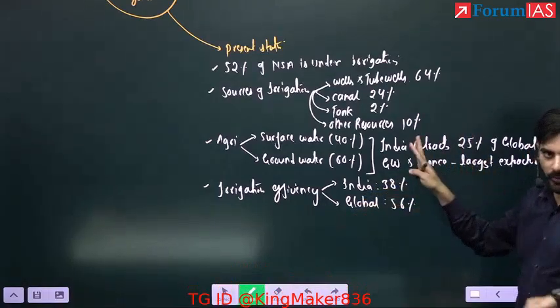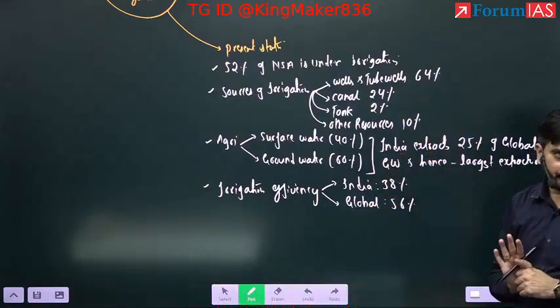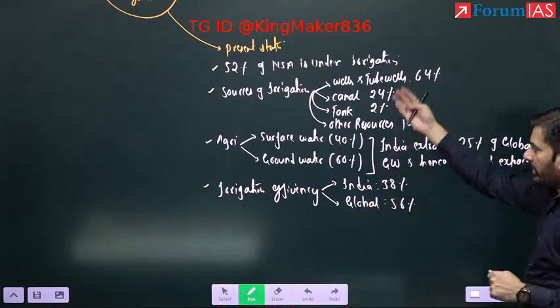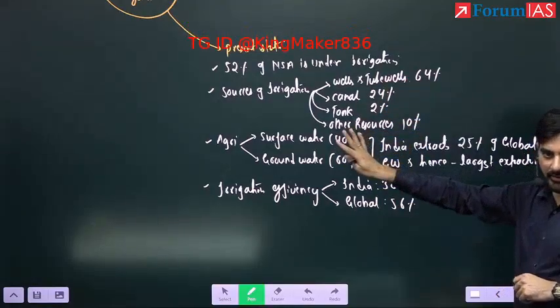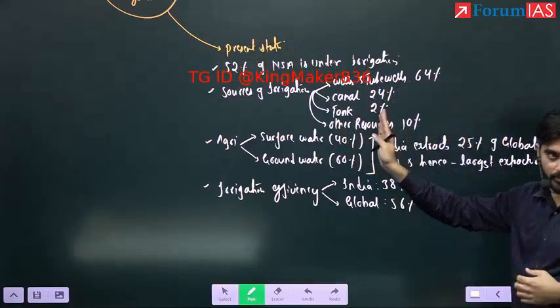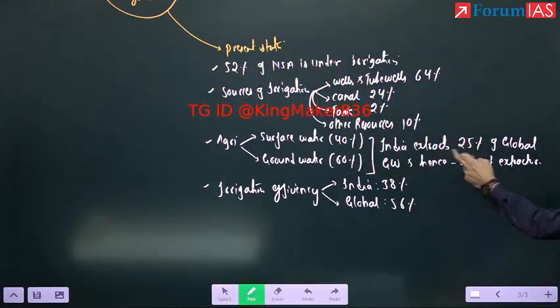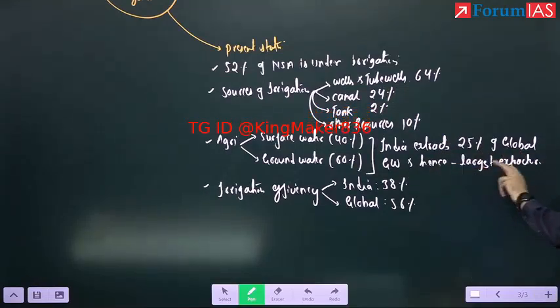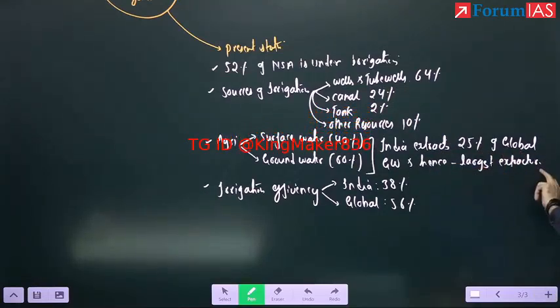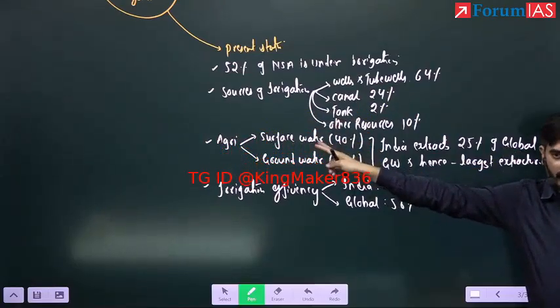Depending upon the nature of the question, your introduction can be along these lines. Let's say the question is explicitly about groundwater: the introduction should focus on India extracting 25% of the global groundwater and being the largest extractor, and groundwater accounting for 60% of total irrigation.